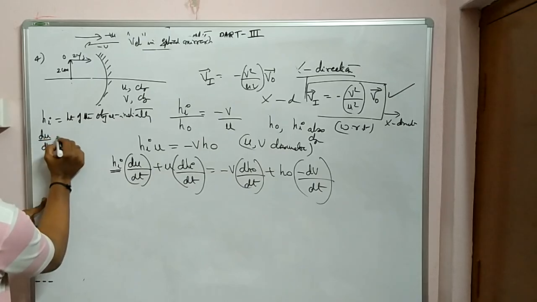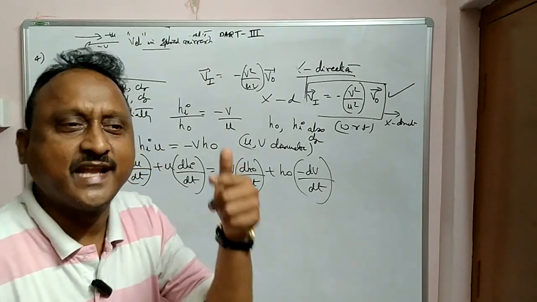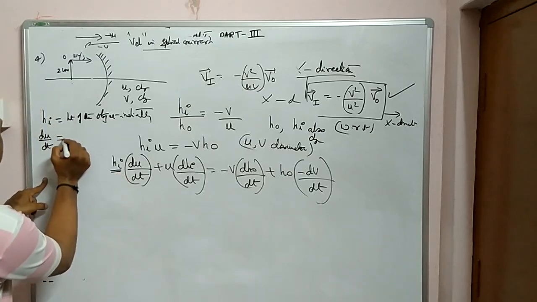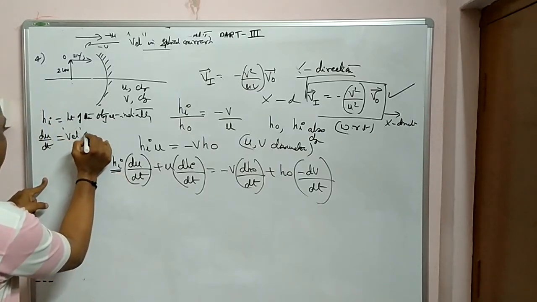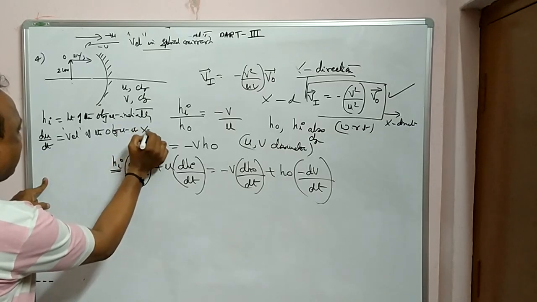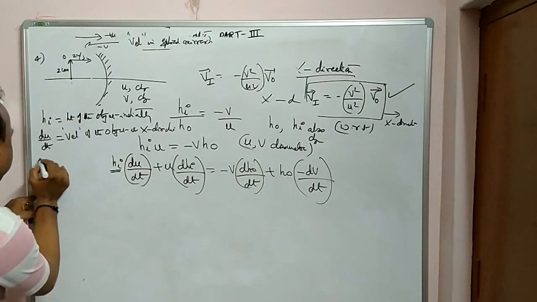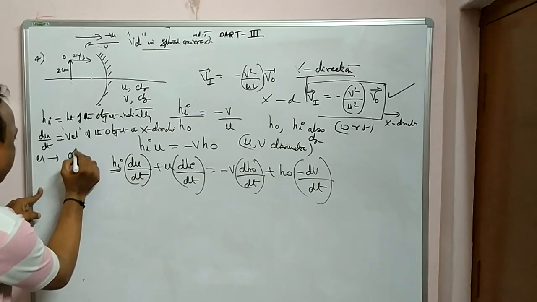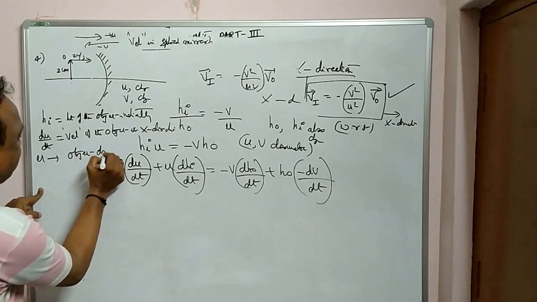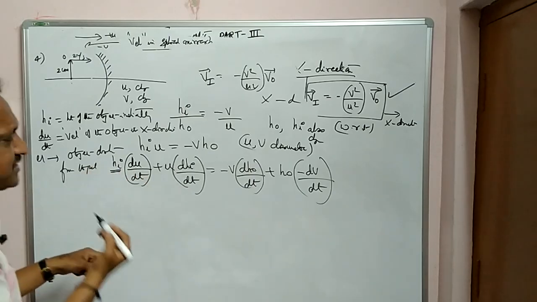It is the velocity of the object in the x direction. What is u? The object distance from the pole, of course a negative value.